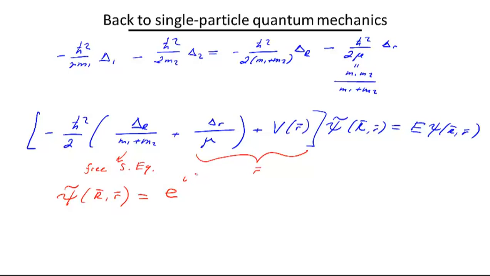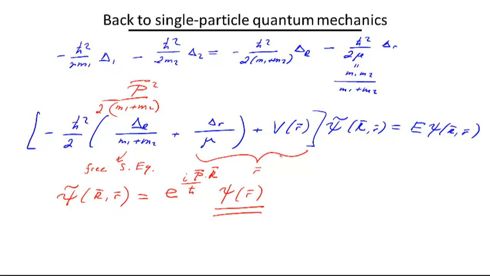It's e to the power i, some momentum of this bound state, or whatever it is, times capital R divided by h bar, times the wave function, which depends on the relative coordinate that we actually want to find. And the energy of this motion from here is going to be just this capital P squared divided by twice m1 plus m2. So, which is just a parameter.